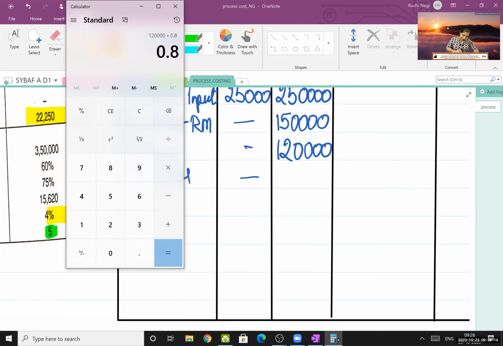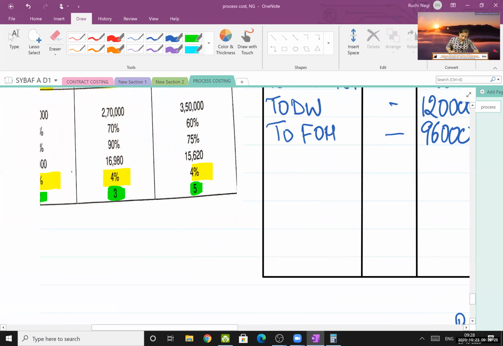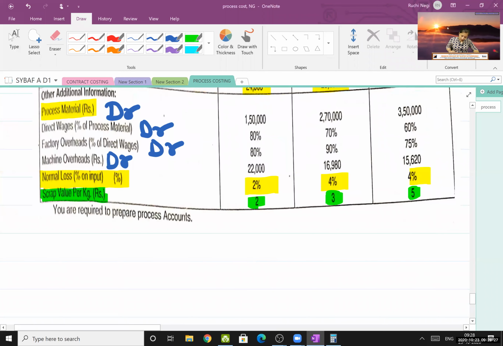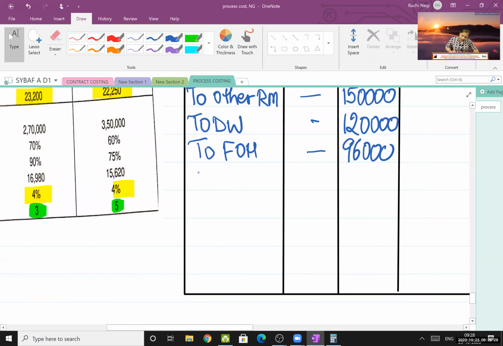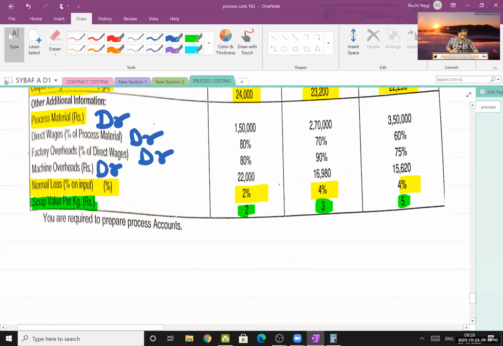So its 80% is 96,000. Okay, keep doing that. Next, machine overheads 22,000. So right here, two, you can write machine overheads, or if you want, you can write factory overheads. And like this, machine overheads 22,000. Next, that's it. Okay, so all the expenses are done.